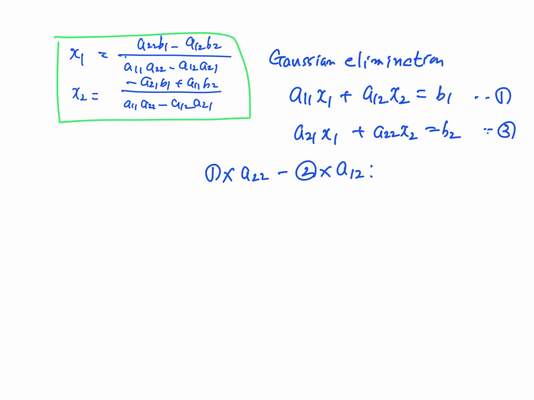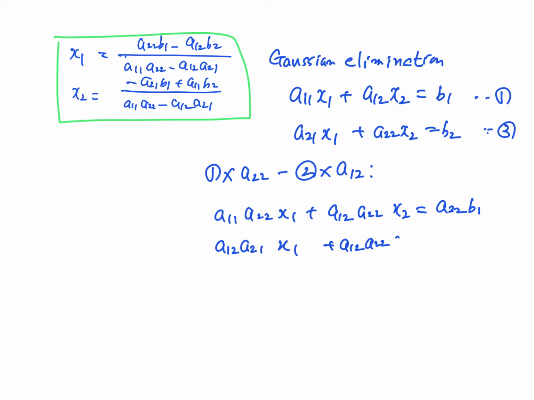Then a11 a22 x1 plus a12 a22 x2 is a22 p1, and a12 a21 x1 plus a12 a22 x2 is a12 p2. You subtract, then this cancels.